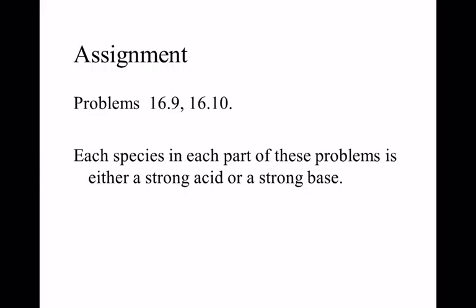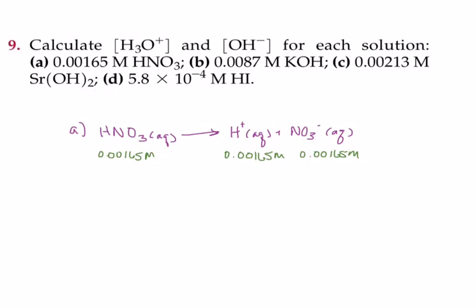So we'll take a look at these assignments right quick. Number 16. This one is kind of like what we did with 2 solutions, but this one has 1, 2, 3, 4 solutions.